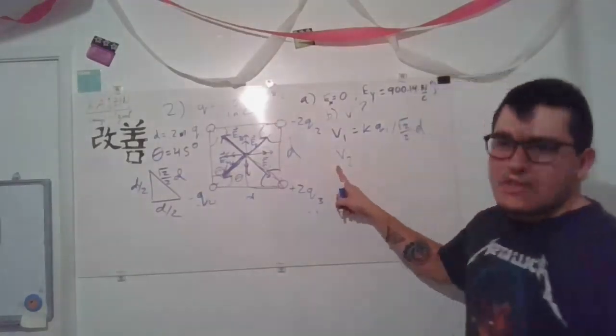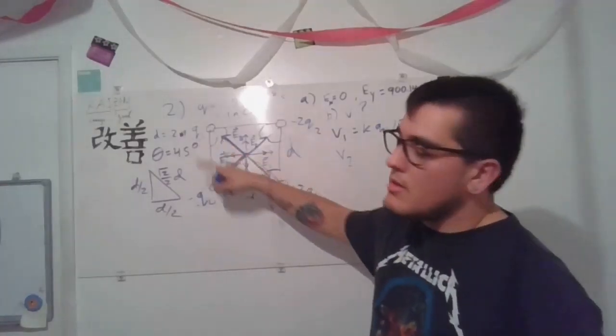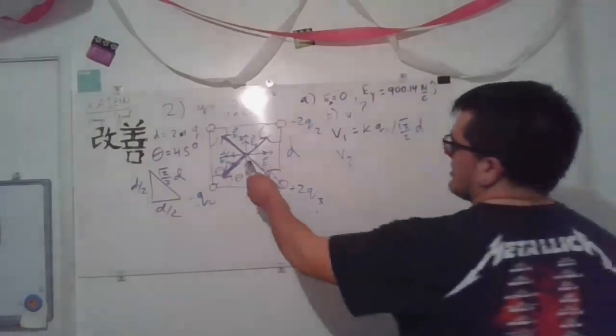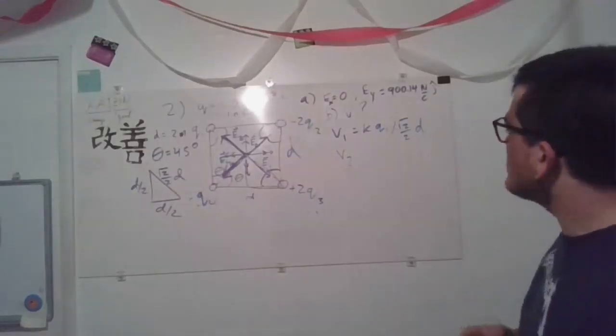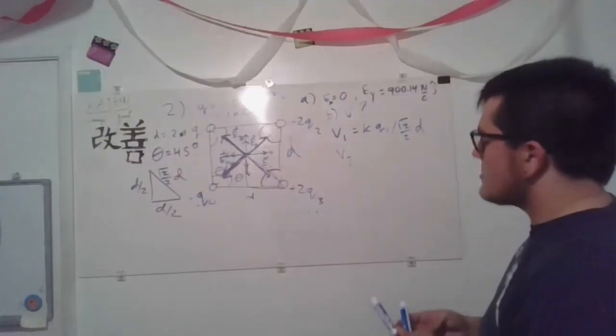What about the potential for V2? You're going to have to consider Q1 and this one as well, right? If you want to bring it in with respect to that, then yes, you have to consider Q1 as well.